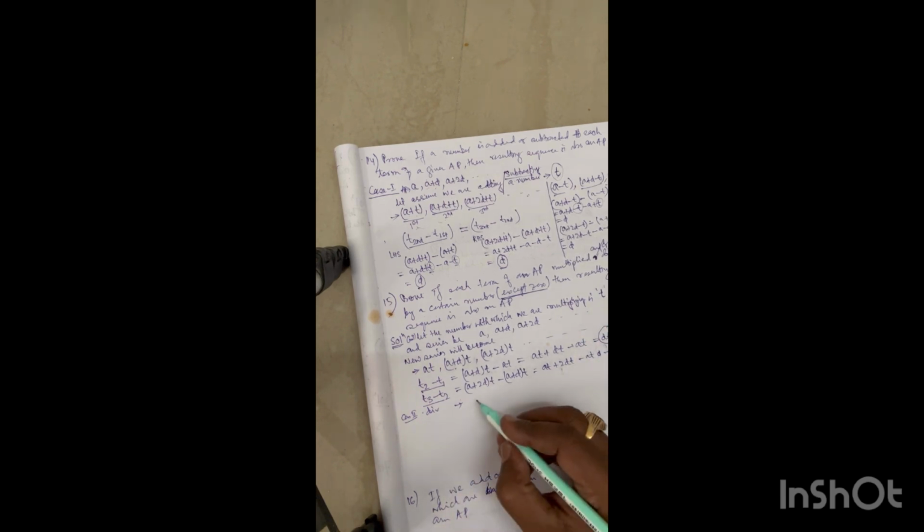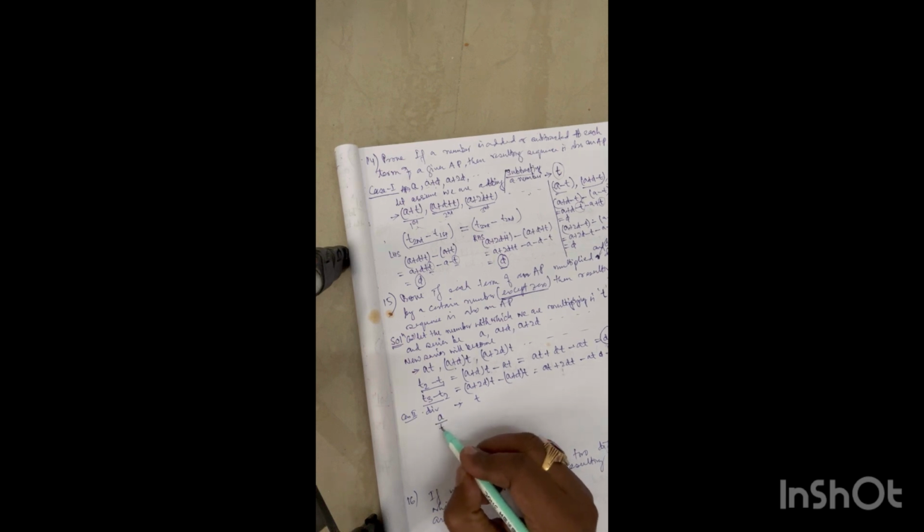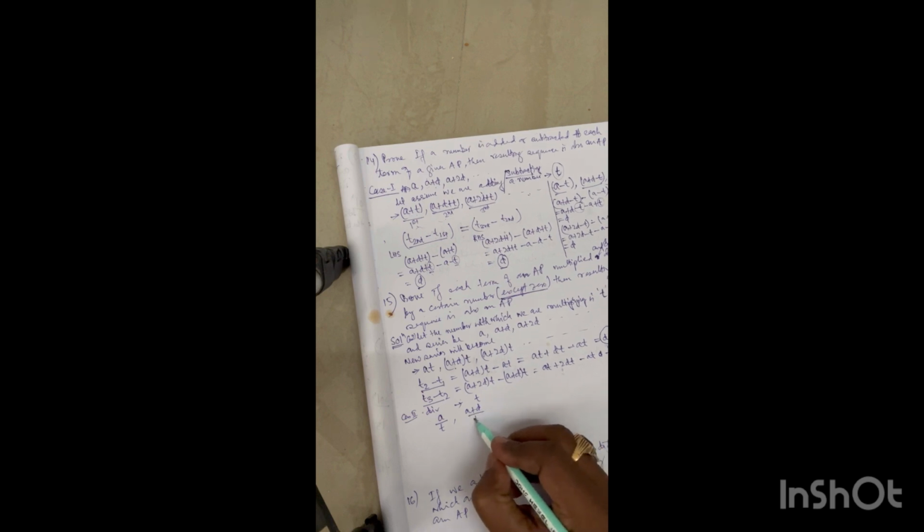I will take the number as t again. So the new series will become a by t, (a plus d) by t, (a plus 2d) by t, and so on.